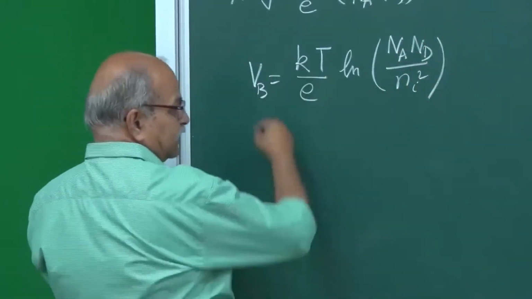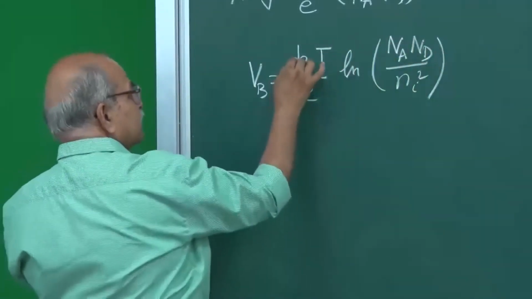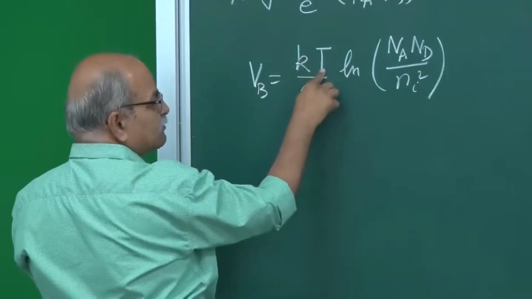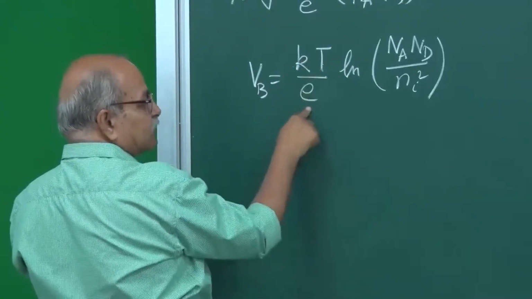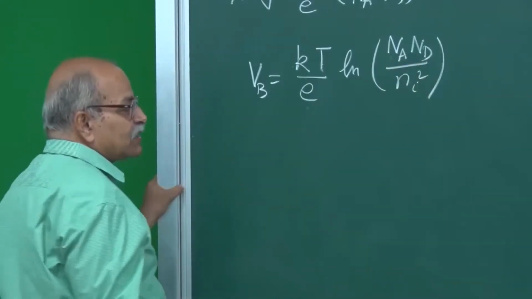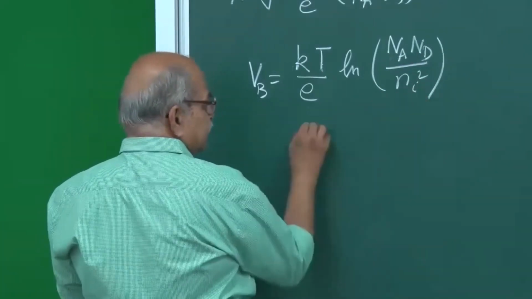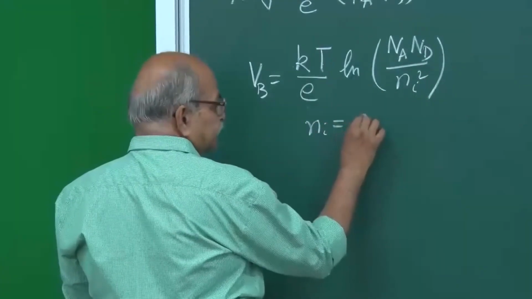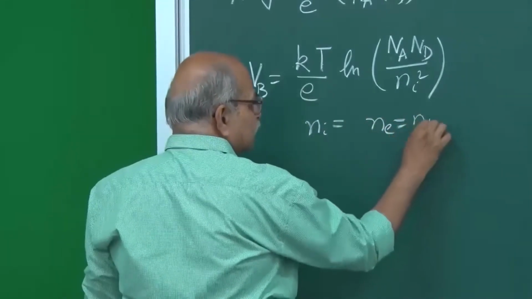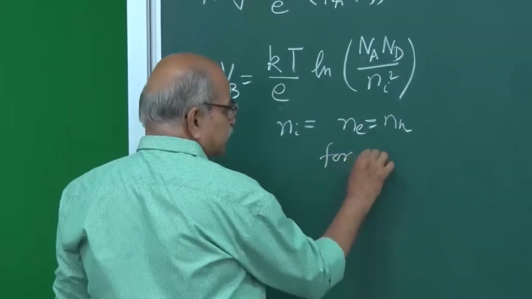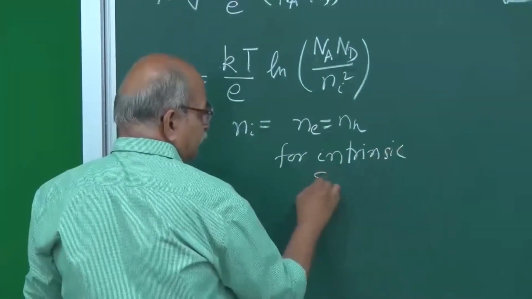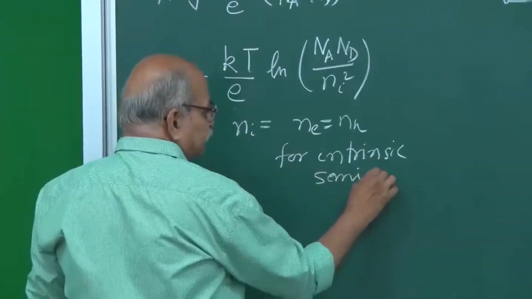You remember we have introduced all these symbols. This is Boltzmann constant, this k into T, Boltzmann constant into temperature in Kelvin, e is the electronic charge, Na, Nd are the densities of acceptor and donor ions, and this ni is just Ne and Nh, which are equal for an intrinsic semiconductor before doping.